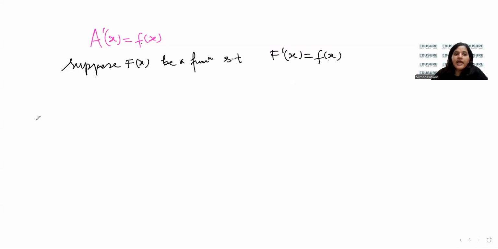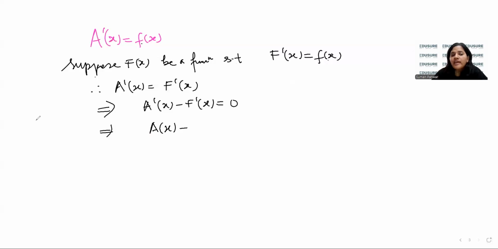Okay. So that means A dash x is equal to F dash x, which means that A dash x minus F dash x equals 0, which means that the derivative of A(x) minus F(x) is equal to 0.